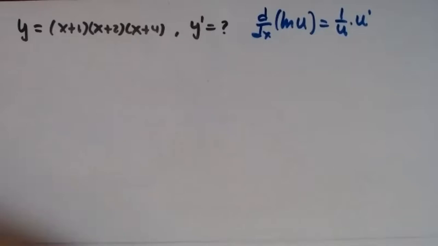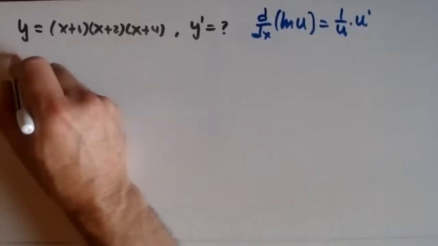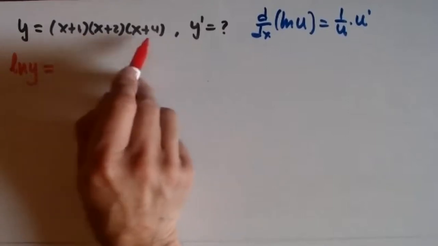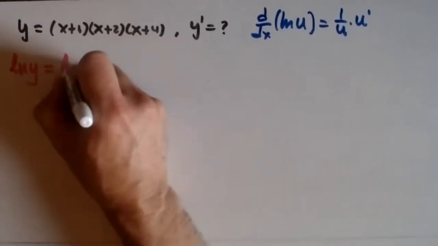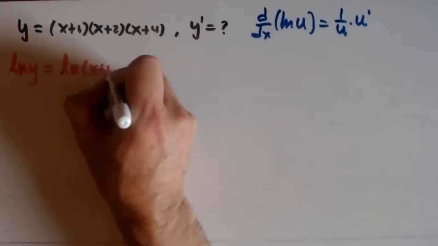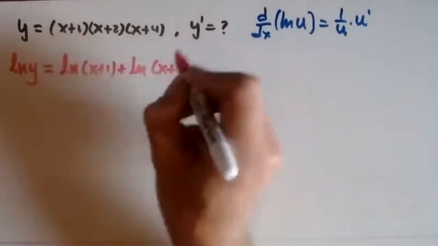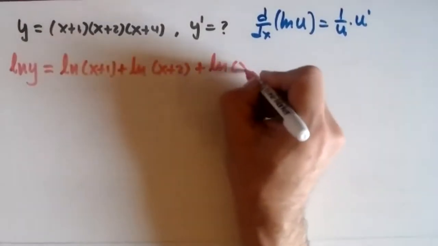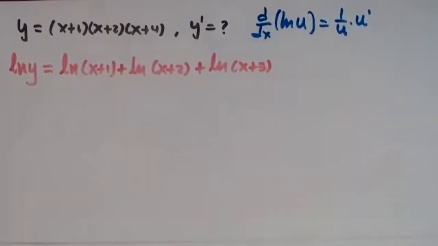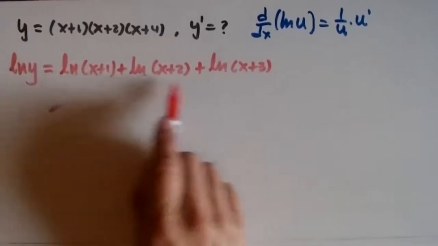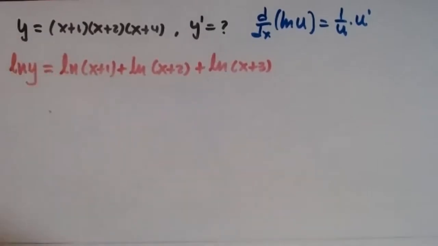So I'm going to use ln y equals, the ln of a product is the addition of the logs. So it's ln x plus 1 plus ln x plus 2 plus ln of x plus 3. There. I break the problem in 3 little portions, okay? 3 additions.